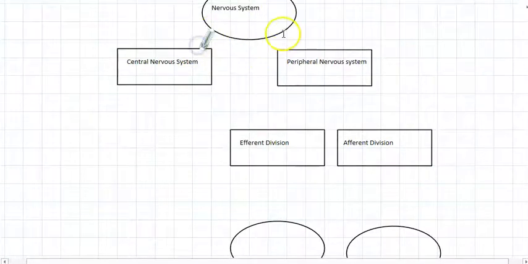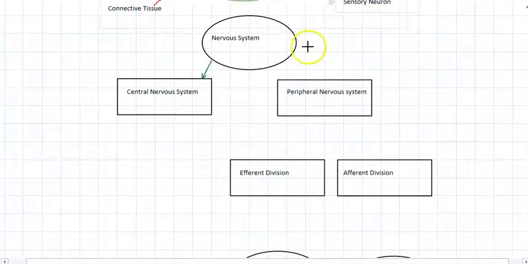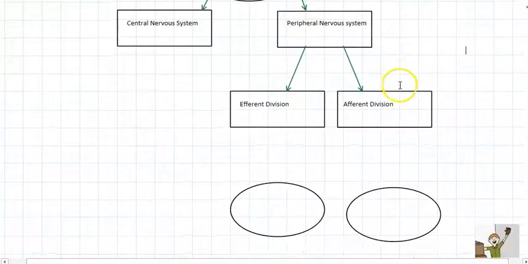So we can see our tree chart here. This is how we're starting to divide up the nervous system into different divisions now, based on its function. Okay, well, there's another level again.